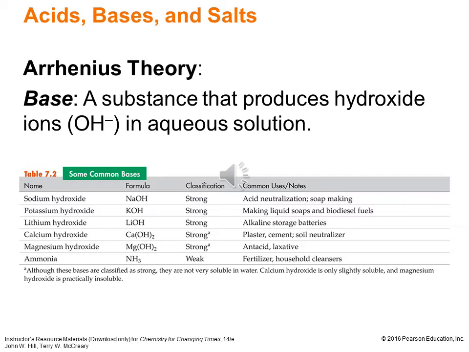Magnesium hydroxide, we talked about that as milk of magnesia. It's an antacid and a laxative both. And then ammonia is a nice household cleaner because it's a weak base, and it will remove those food stains that are commonly the problem in cleaning your home, but it does have that characteristic smell. If anyone's ever used ammonia, they know exactly what I'm talking about.